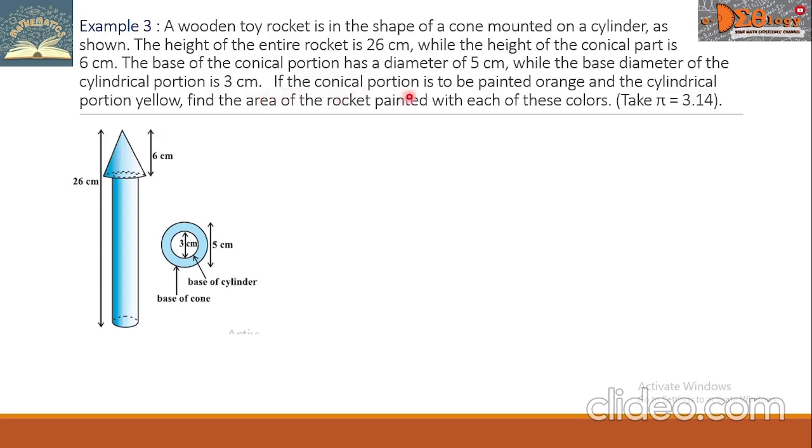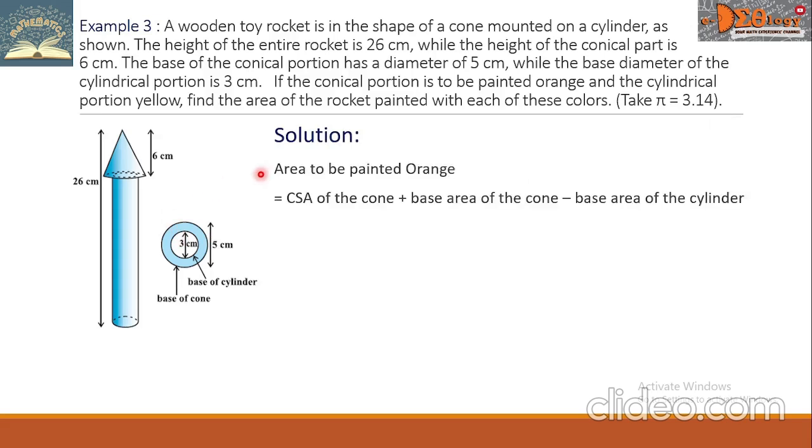If the conical portion is to be painted orange and the cylindrical portion yellow, find the area of the rocket painted with each of these colors. We take pi equals 3.14. This is our figure.